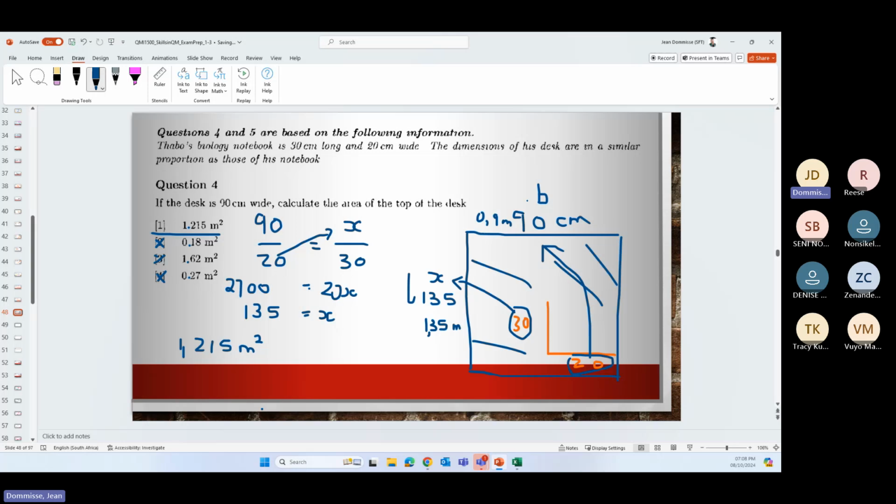But first we needed to work out the ratio. So first we needed to work out the length if the ratio is in the same format, and then we needed to work out the area of the top of the desk. Okay, so a bit of a tricky one. It's not just a straightforward working out.